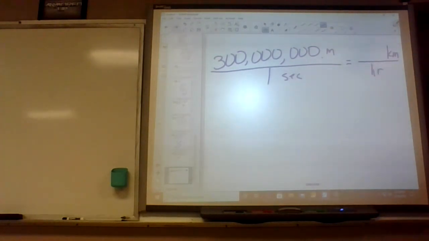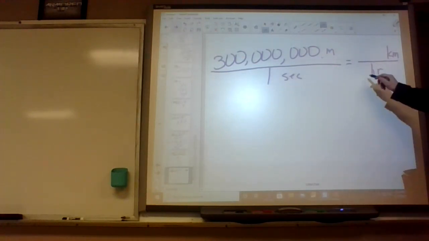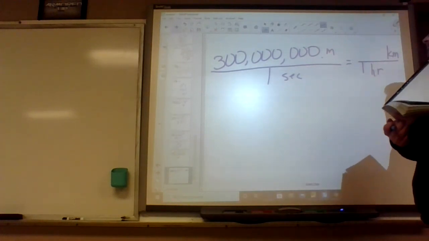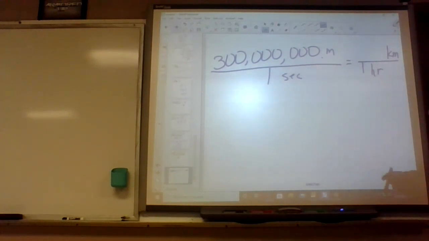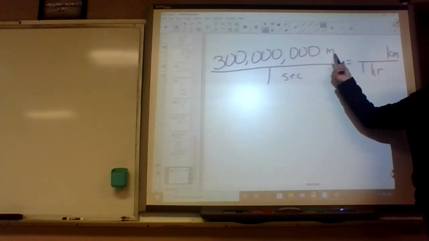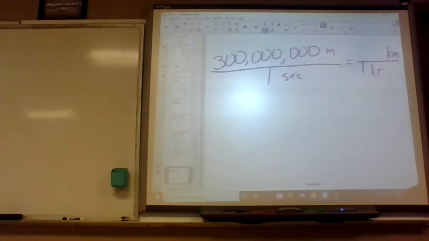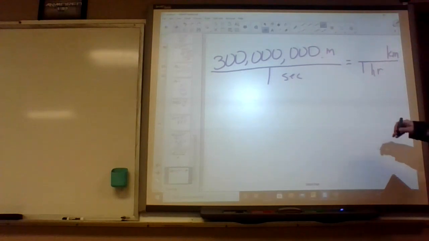How many meters are there in a kilometer? 1,000. A meter, this is a yardstick, but it's almost a meter. It's 91 centimeters, so a meter is a little bit bigger. Anyway, there's 1,000 meters in a kilometer.